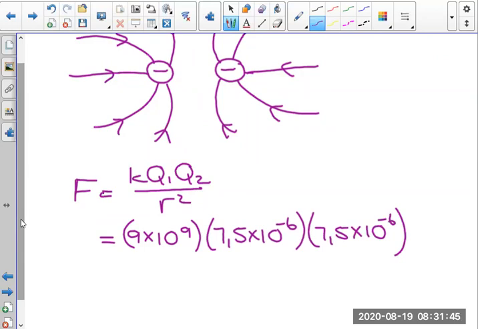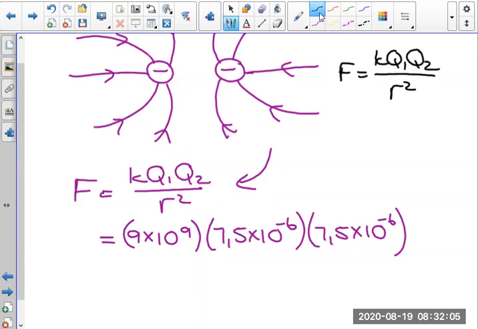is even though the two charges are negative, I am not allowed to put any negative sign in any one of these two equations. So if you use this equation, F equals K, Q1, Q2 over r squared, or if you use this equation, which is the field one, you don't put in the negative.